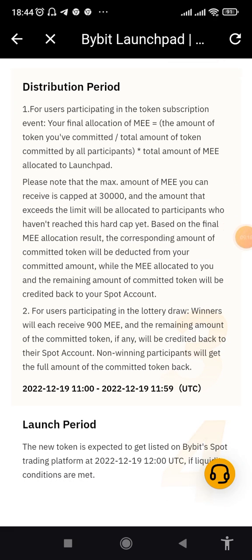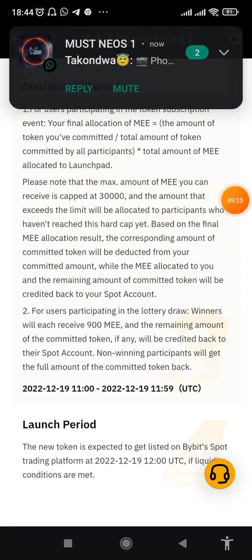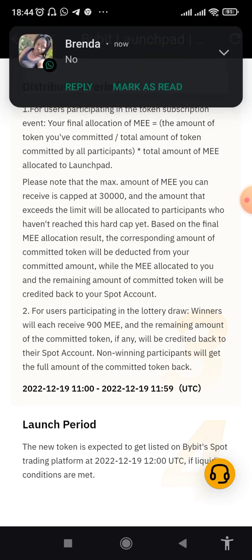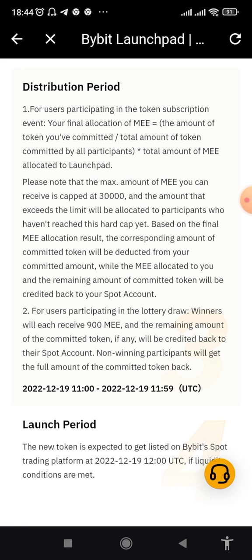But if by any chance it exceeds the limit, anybody who is participating in this launchpad is going to get 30,000 ME token based on the amount of BIT or USDT you have locked. If you are receiving more than that, some of it will be distributed to other users, and part of it will be distributed to your spot wallet.